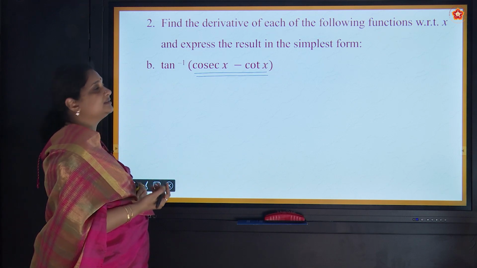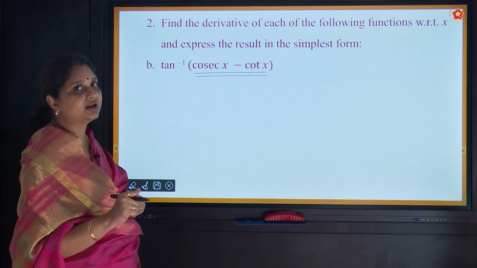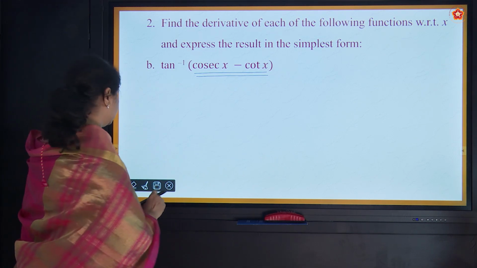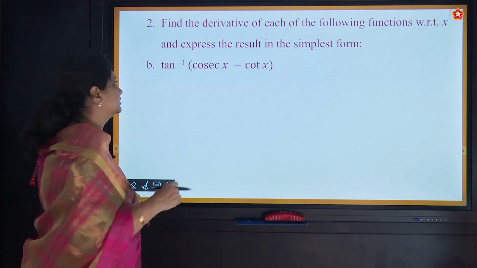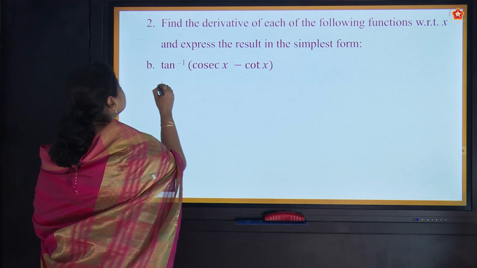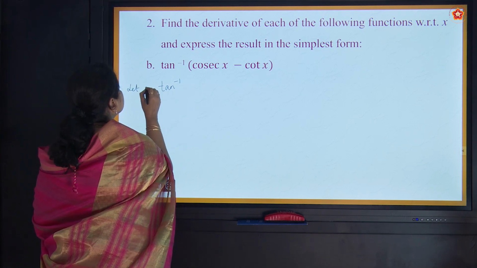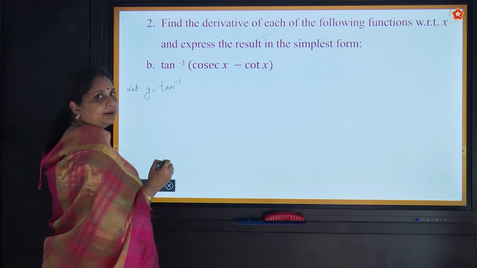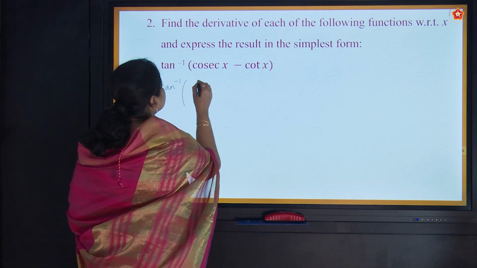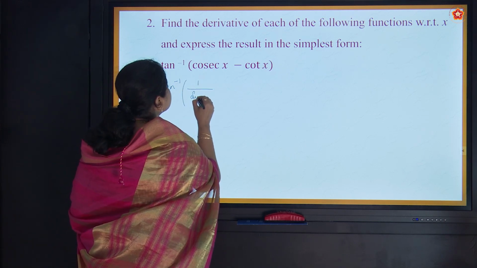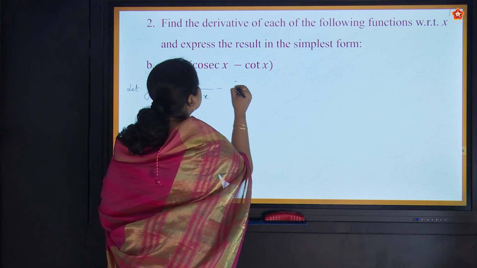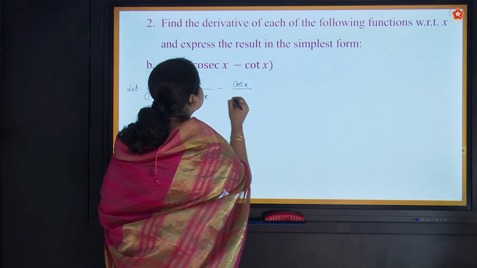If you're able to express that, tan inverse and tan will get nullified and it will be very easy for your differentiation. Let's see if we can do it. So what we'll do is tan inverse of, let y be this. So I'm going to rewrite y. Here I'm going to write this as 1 by sine x, because cosecant x is that, minus cos x by sine x.